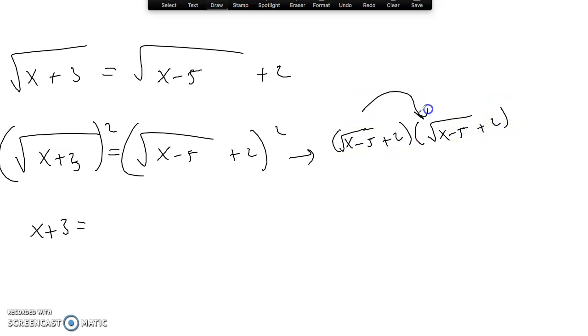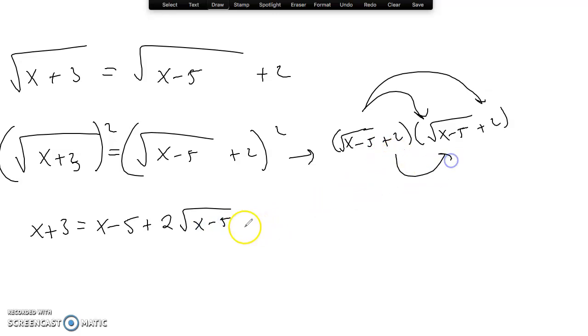And then when I multiply that out, I get x minus 5. Radical x minus 5 times radical x minus 5, the radicals cancel out, and I'm left with x minus 5. Then I have radical x minus 5 times 2, that's 2 radical x minus 5.